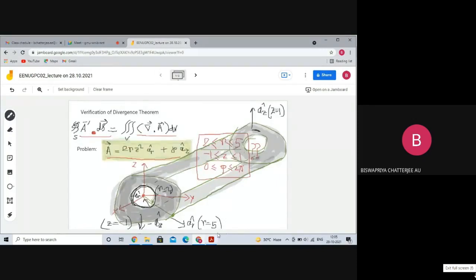We treat this surface as S1, this surface R equal to 2 as S2, this surface as S3, and this surface as S4. So four surfaces we treat separately. Let us see what S1 is. It is a constant R surface.